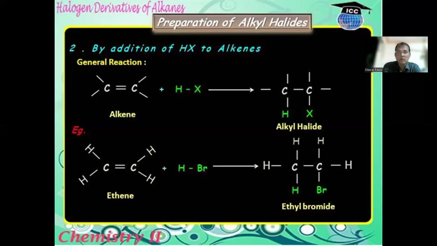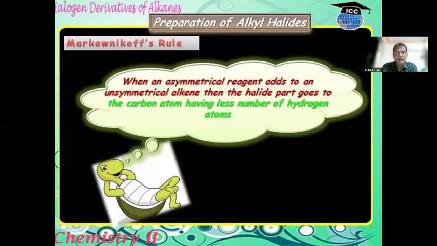Now, this alkene was a symmetrical alkene. Symmetrical alkene adds to the HBr to form ethyl bromide. There is no problem of joining hydrogen and bromine on the carbon atoms.